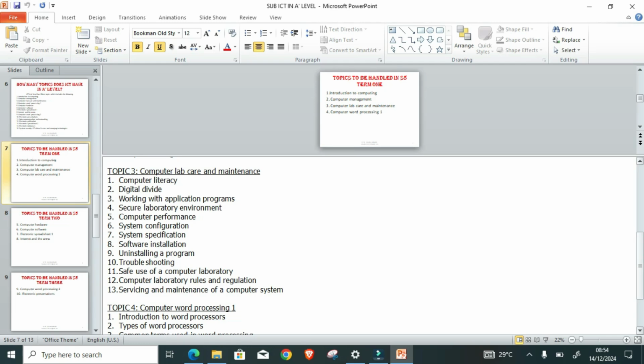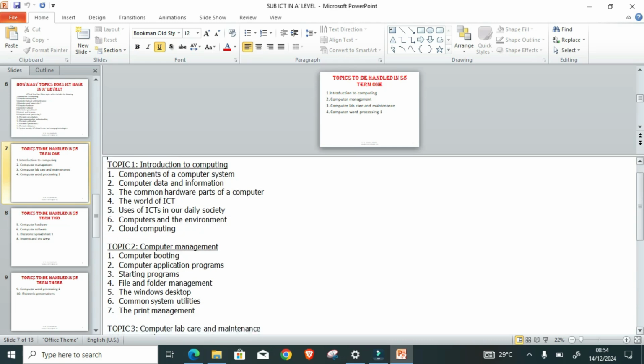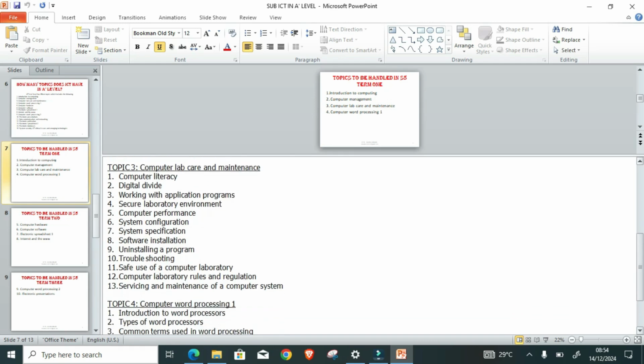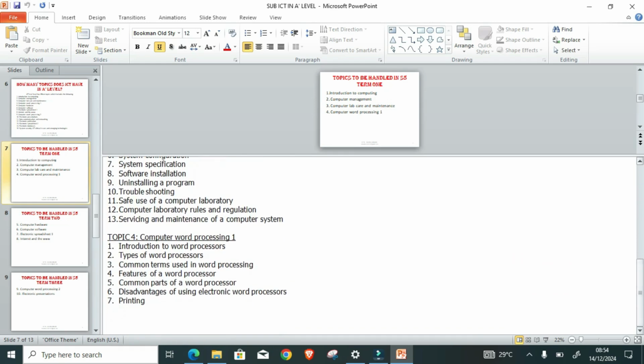We have system configuration, system specification, installation of the software, uninstalling a program, troubleshooting. Troubleshooting simply means the act of looking for a solution as to why a computer is not working or performing to its expectations.